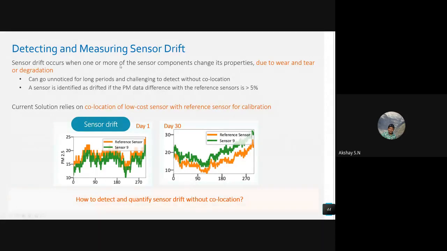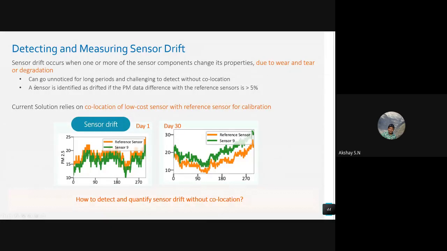So that was sensor fault detection. Now let's look at how we detect sensor drift. Sensor drift first of all occurs when one or more components of the sensor has changed its properties. This could be either due to wear and tear or because of degradation of the components.